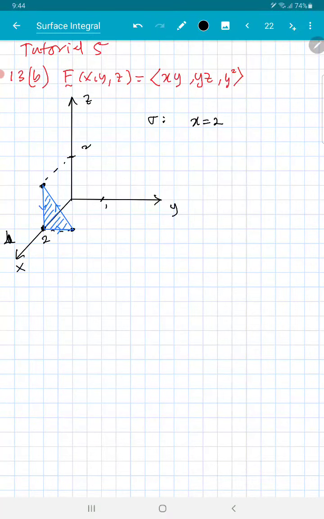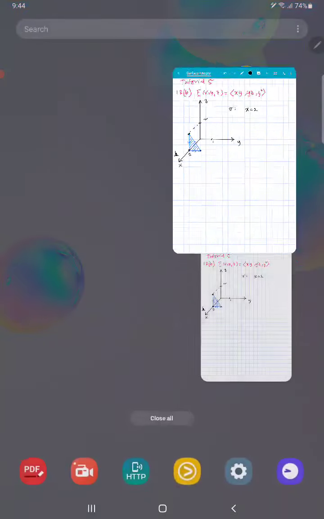The open surface is only part of the plane, a triangular shape on x equals 2. Since the orientation of the closed curve is anti-clockwise, we can use the right hand rule.